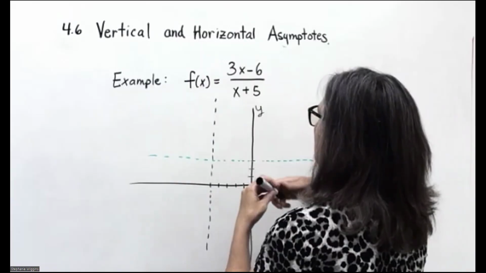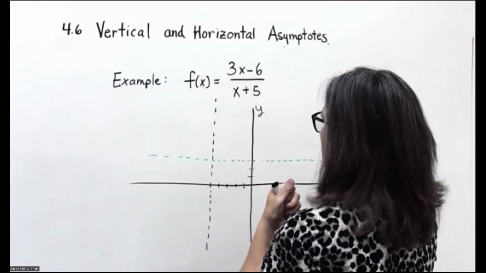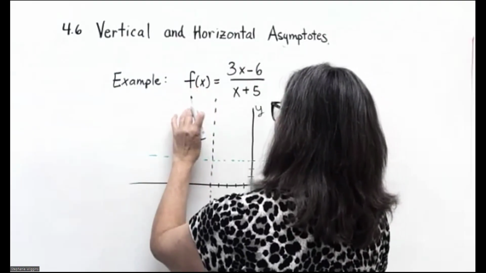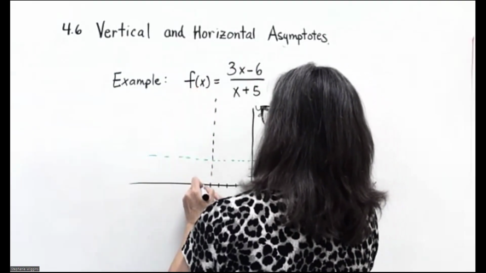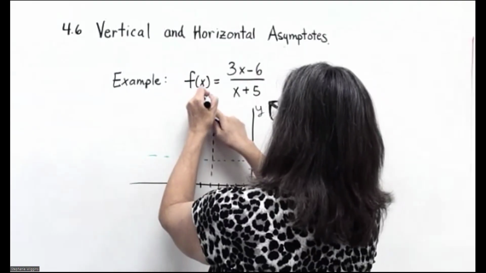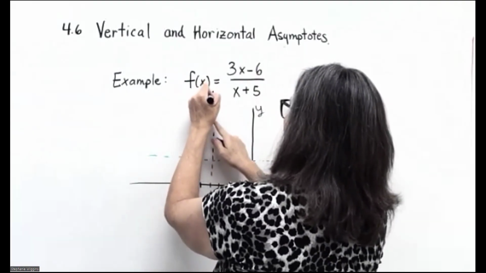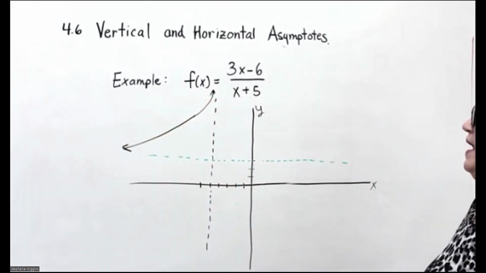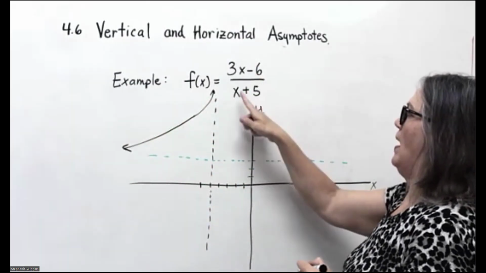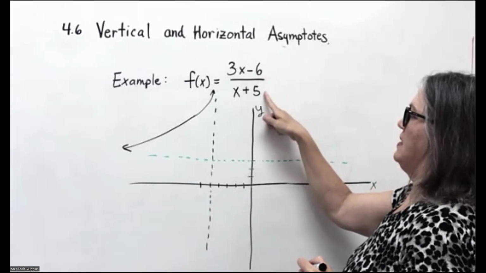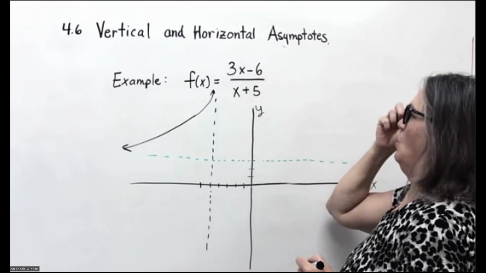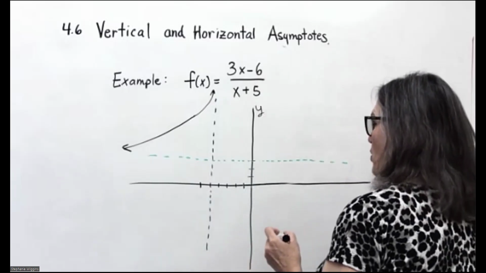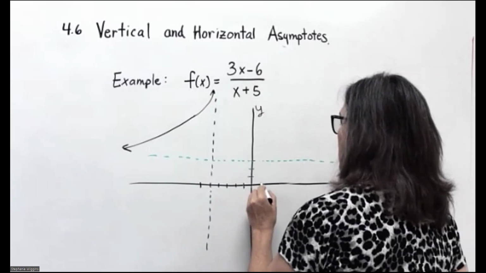I didn't really leave room on my graph for that, I wish I had, but at -6, you're going to be up here somewhere, and then your function is going to get closer and closer like that. And then if I plug in 0, I get -6 divided by 5, which would be -1.25, so it's going to be over here.